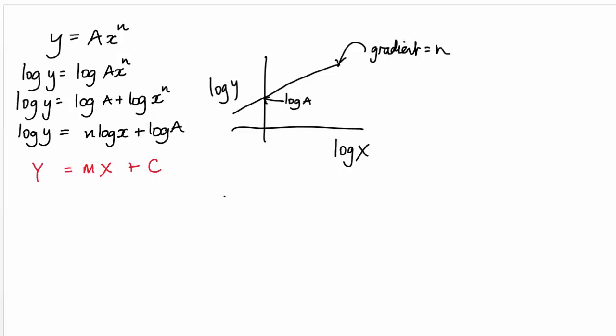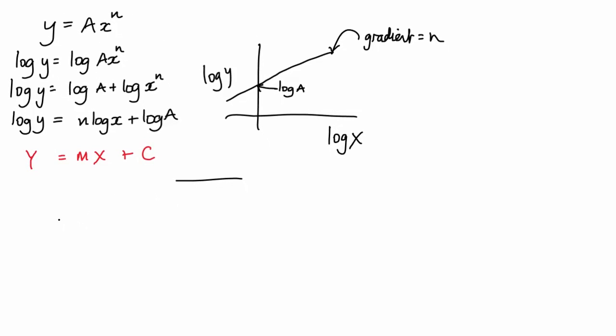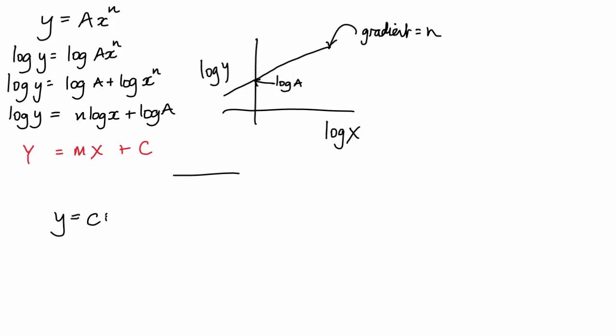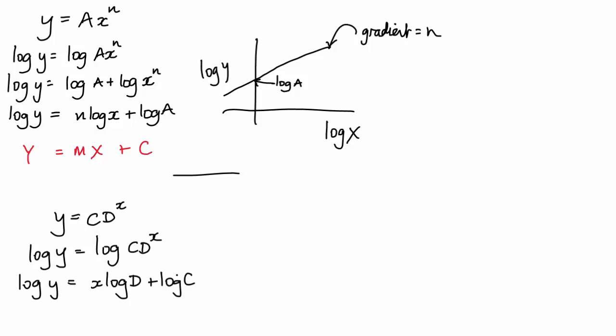A variant on that is if the relationship is something like y equals c d to the x, where x is the power rather than the base number, again c and d being constants. So if I take log to the base 10 or any base of the left and the right, same properties would lead to this being this, and again equating it with y equals mx plus c.